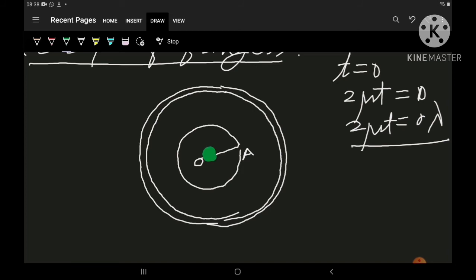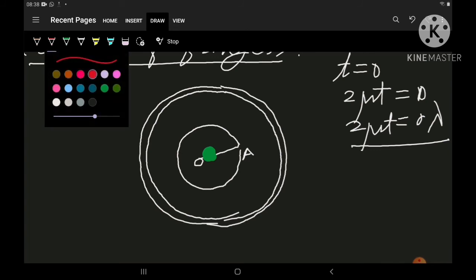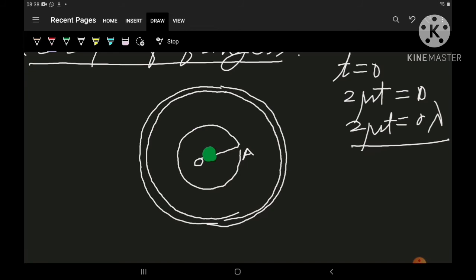Now as we move away from the point of contact, let's see what will happen. Actually on increasing the thickness, obviously the value of 2 mu t will vary. At the point of contact its value is an integer multiple of lambda, meaning 0 lambda.